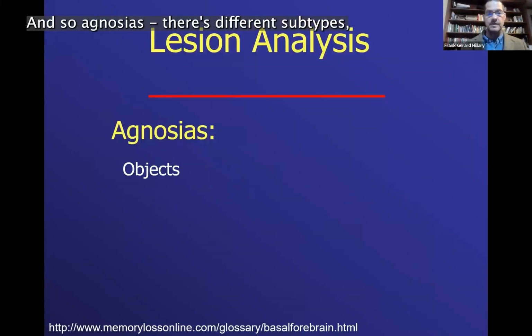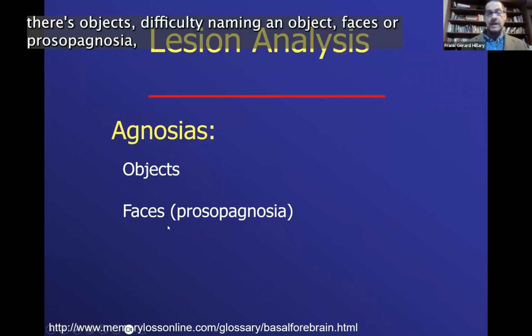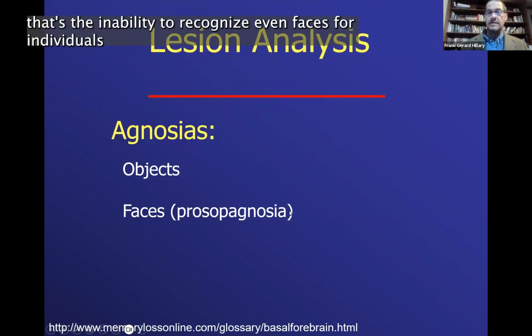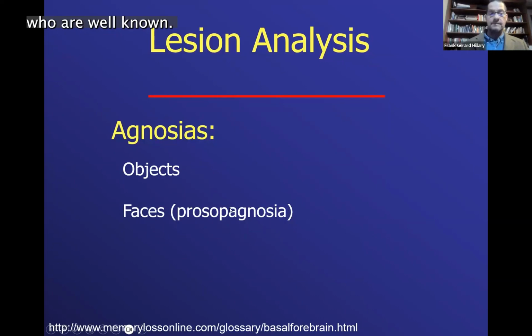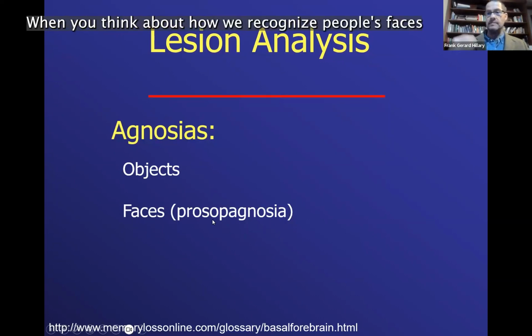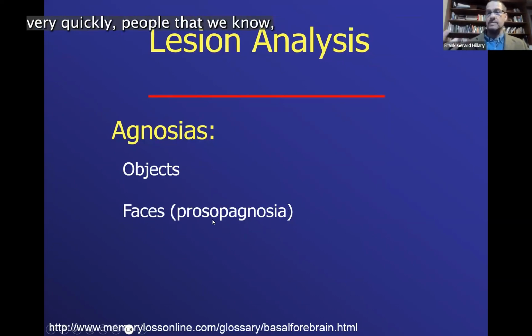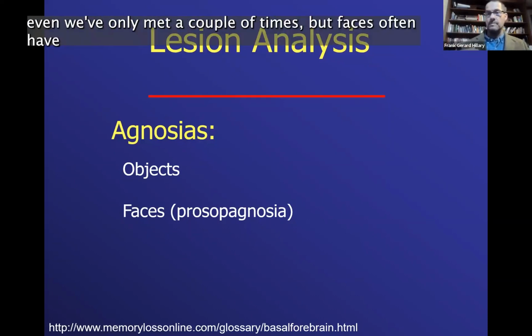And agnosias have different subtypes. There's object agnosia, difficulty naming an object, and faces, or prosopagnosia. That's the inability to recognize even faces of individuals who are well known. When you think about it, we recognize people's faces very quickly, even people we've only met a couple of times.